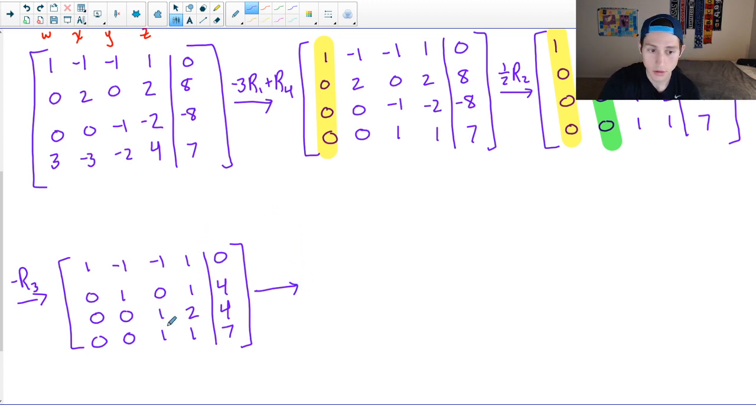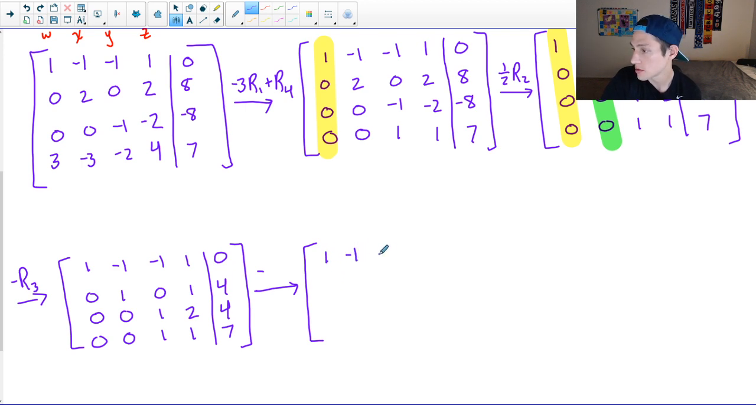Okay, so I got the 1 right here. Now I just need to make the stuff below it a 0. So I just have to worry about this 1 now in row 4. How do I create that? Or how do I make that into a 0? Well, what added to 1 makes 0? Negative 1. So let's do negative row 3 plus row 4. So first 3 rows will stay the same.